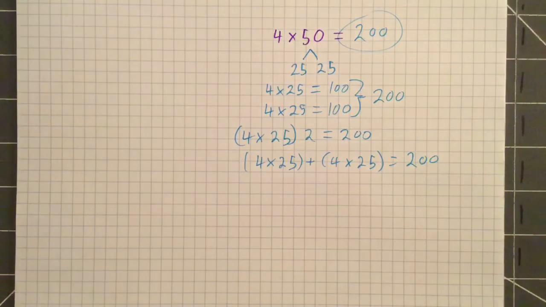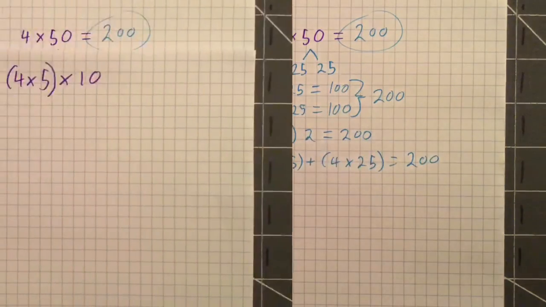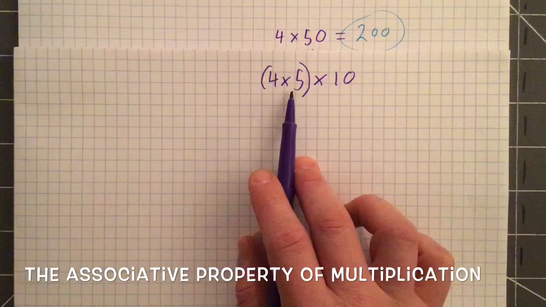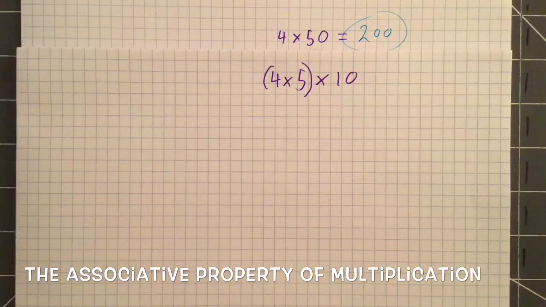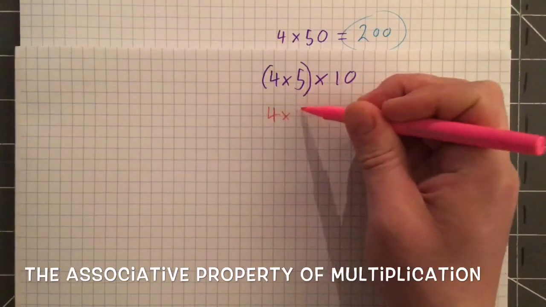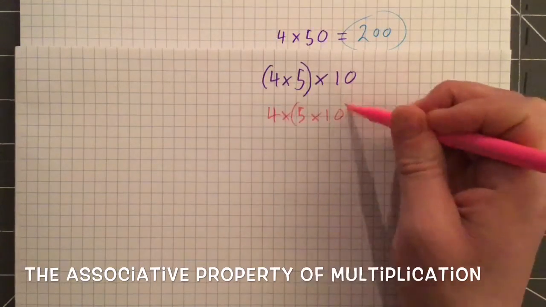What we're going to look at today is called the associative property, which is very similar, but not to be confused. Now, as we look at doing it this way, we're doing 4 times 5 and then multiplying that by 10. But does it have to go in that order? What if I did 4 times 5 times 10, and I put my parentheses here?